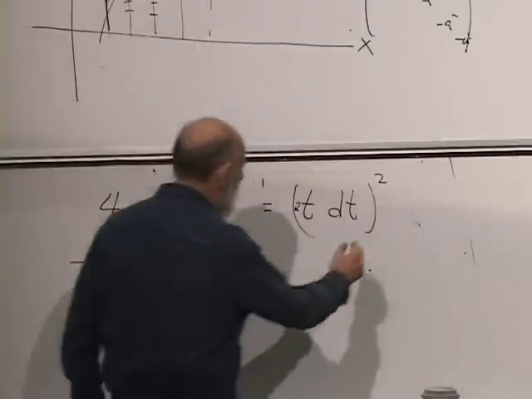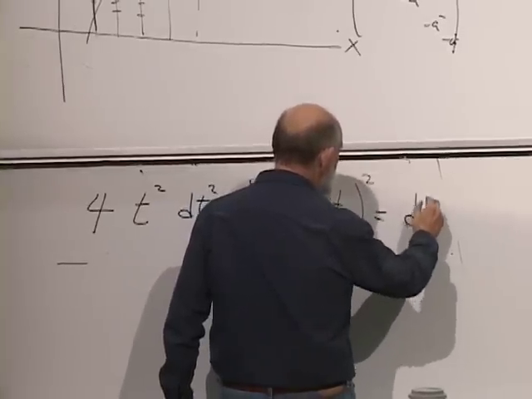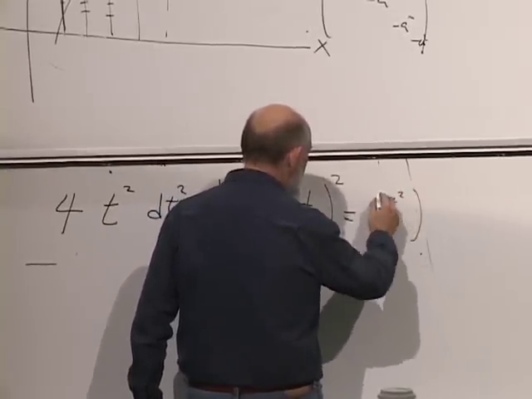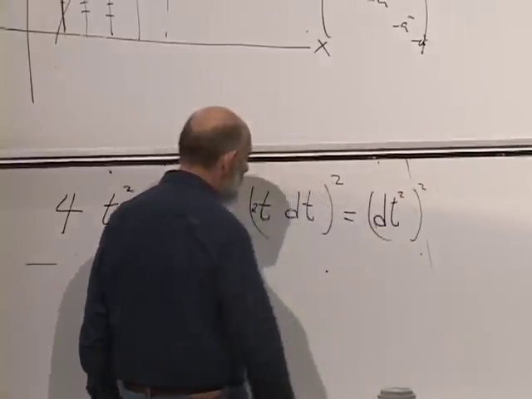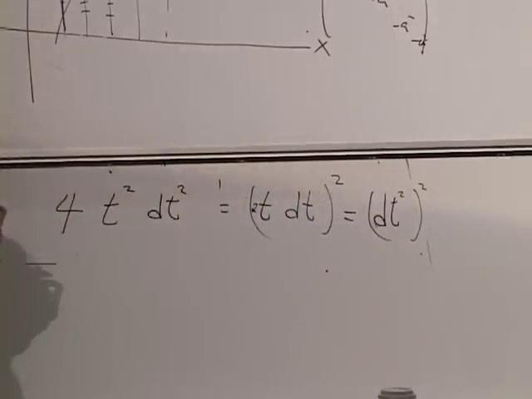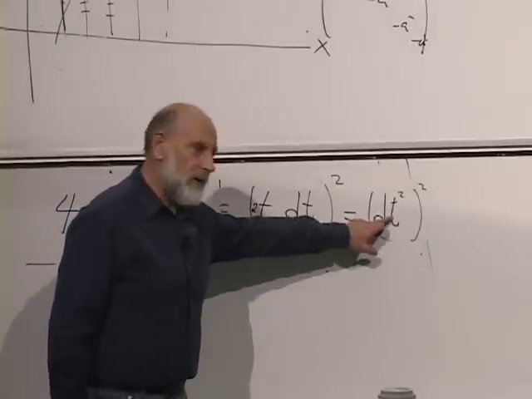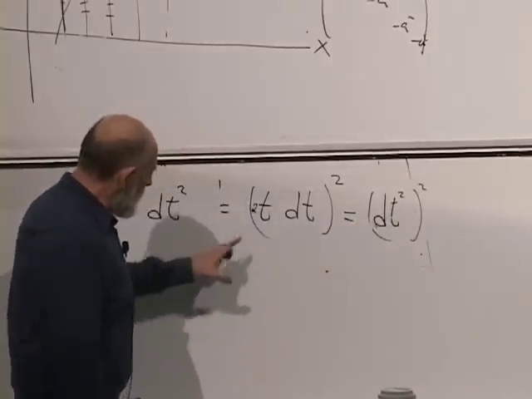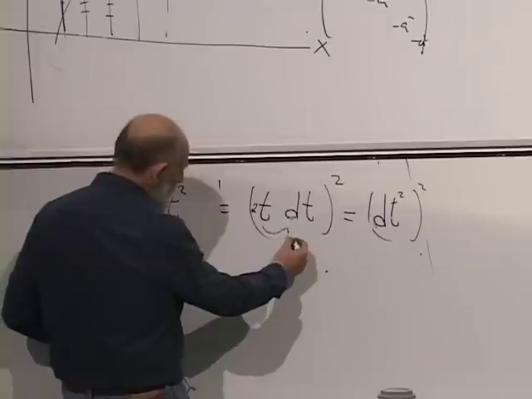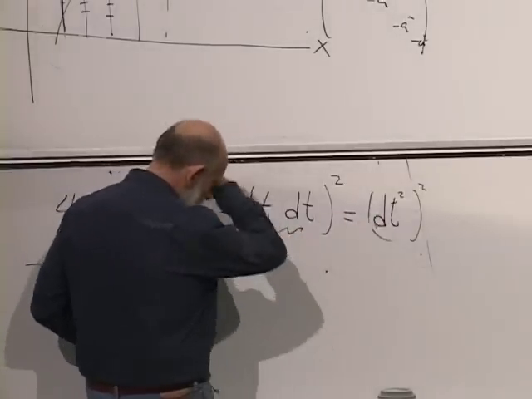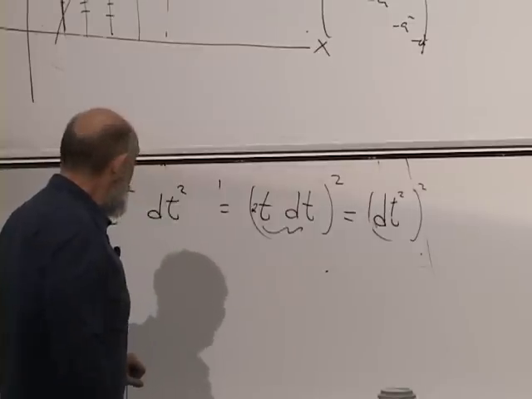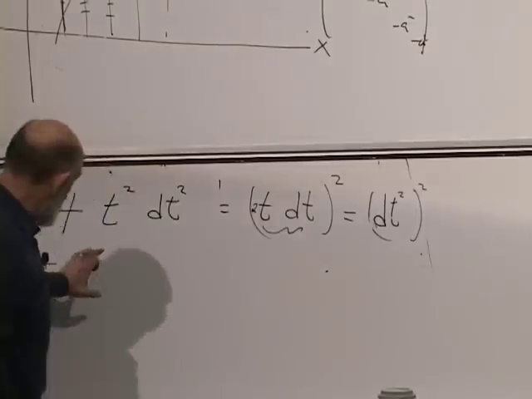It's also the same as dt squared squared. The differential change in t squared is dt squared. In other words, whatever is here, you can always change variables.